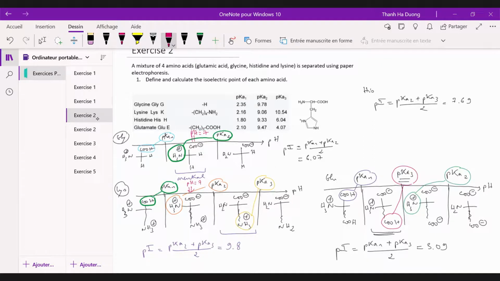Glutamate at pH 7 is here, so glutamate will be negatively charged. And histidine, if you see the diagram I drew during the lecture, at pH 7, histidine will be neutral. Okay?